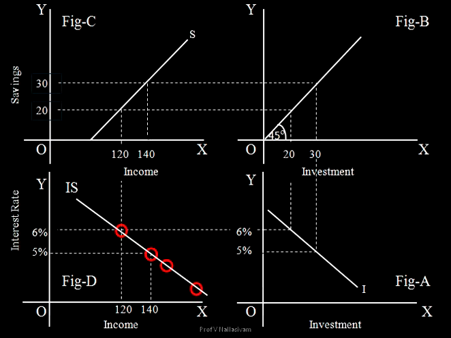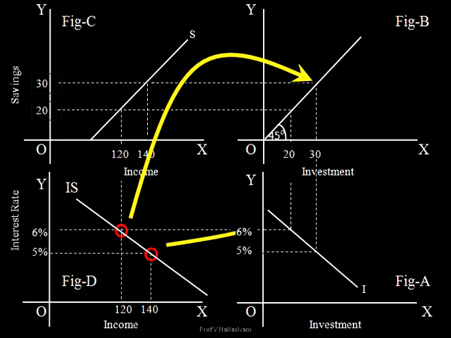Any point on the IS curve shows a certain level of income and a certain level of rate of interest at which goods economy or real economy is in equilibrium. It should be understood that for real economy to be in equilibrium at a given level of income and interest, savings must be equal to investment.